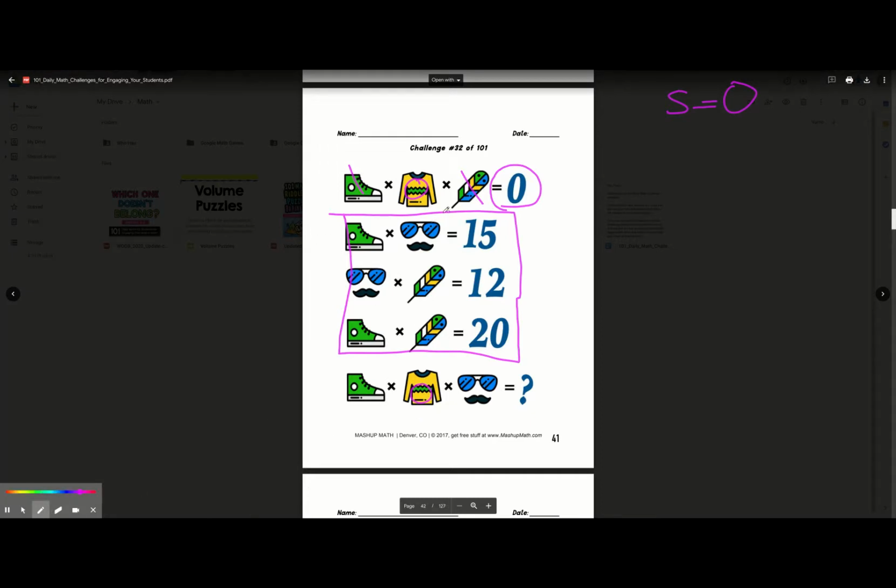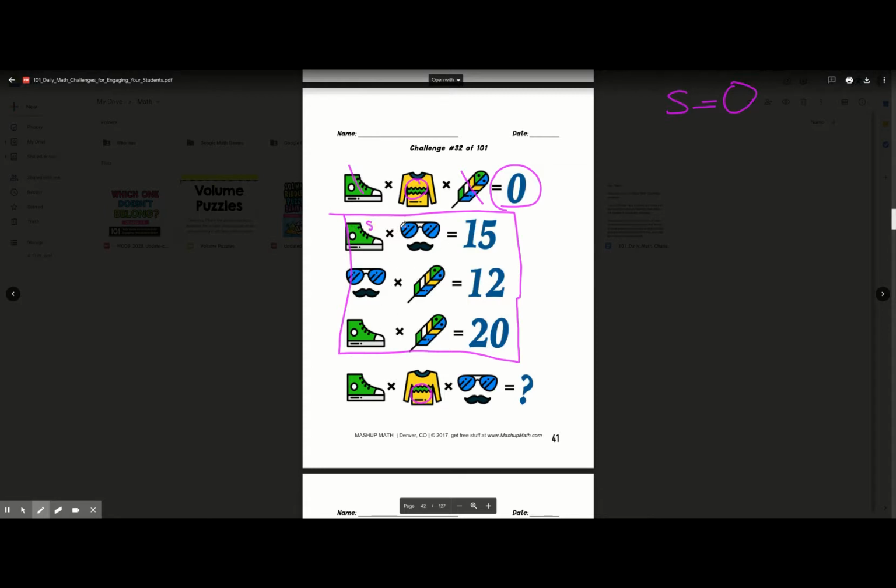Then I'm going to look at these three here. So I have a shoe times sunglasses equals 15, sunglasses times a feather equals 12, and shoes times a feather equals 20. So I'm just going to change these picture variables to letters.